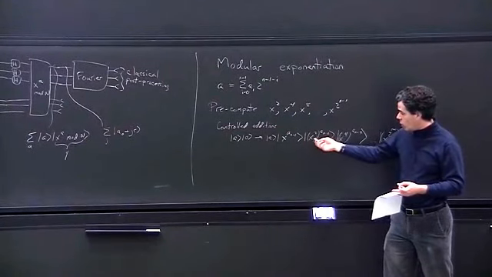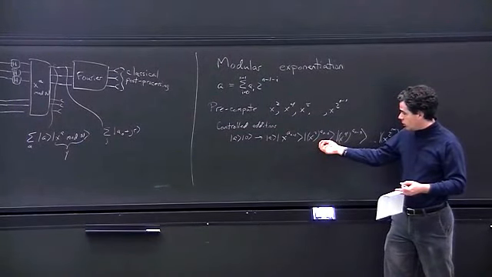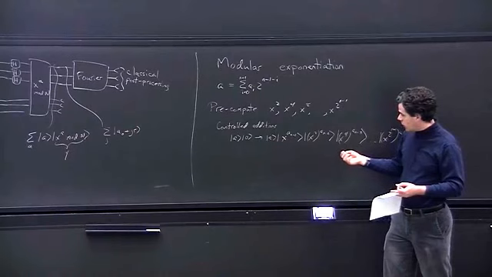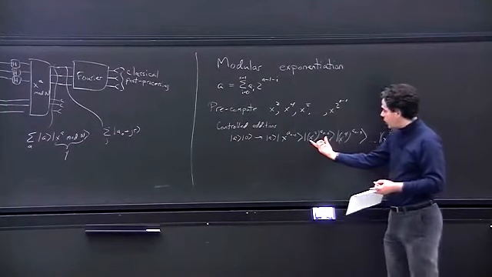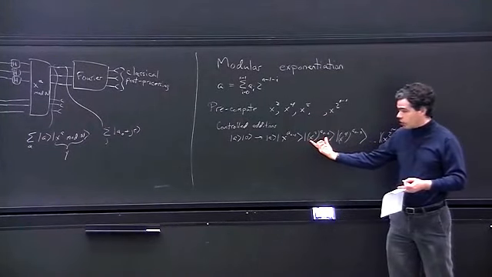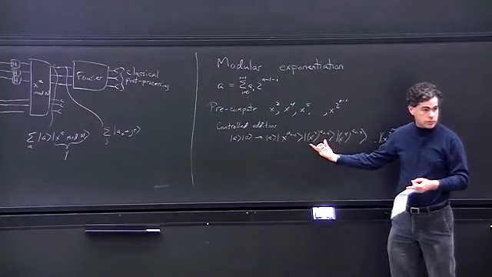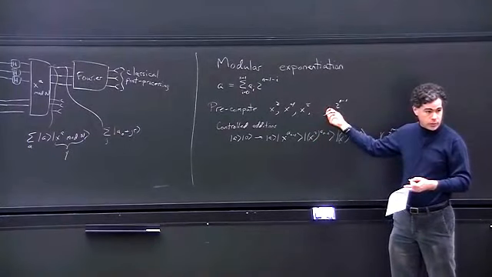Sorry, now I'm confused. Oh, right. These registers are each log n bits. So either we have 1 or we have some higher number.